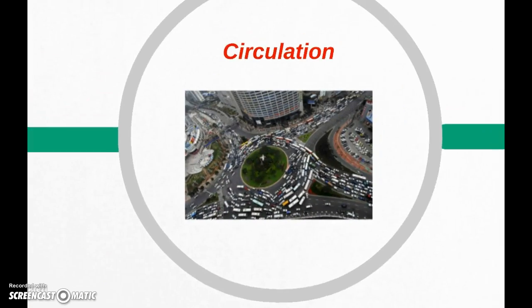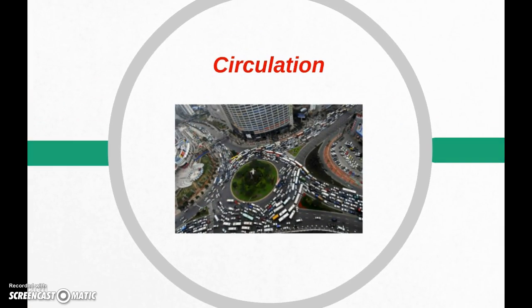So another goal would be circulation, and circulation means the flow of traffic. It also means the flow of people, pedestrians. So circulation means traffic flow, pedestrian flow. It's interesting because with planning, this could also involve something like evacuation, like how to plan to evacuate during a disaster or ahead of a disaster.